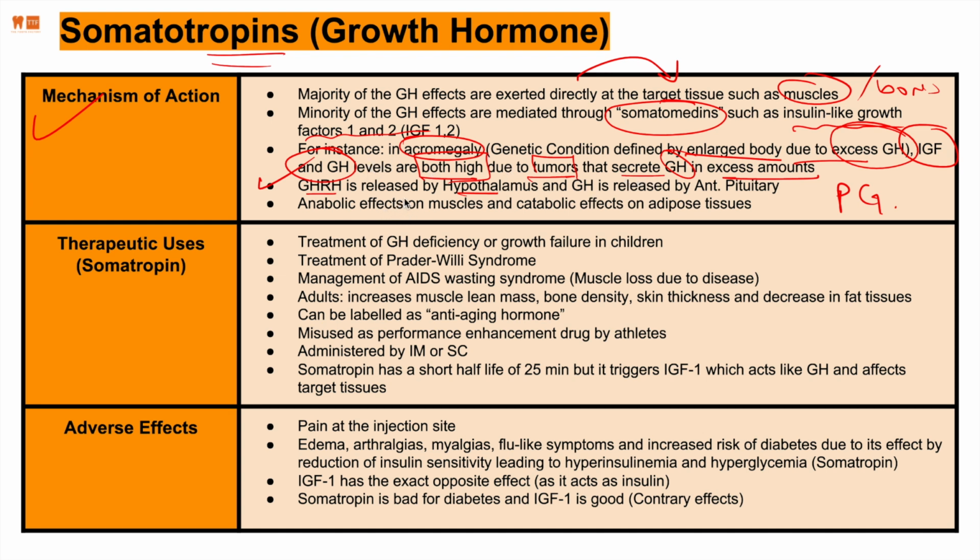Growth hormone releasing hormone is released by the hypothalamus. Growth hormone is released by the anterior pituitary. It produces an anabolic effect on the muscles, catabolic effect on adipose tissues. Okay, anabolic, catabolic. In the last lecture on diabetes, we talked about this. Anabolic is building. Catabolic is breaking. Anabolic effects build muscles.